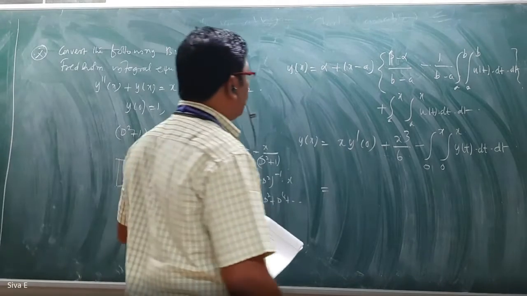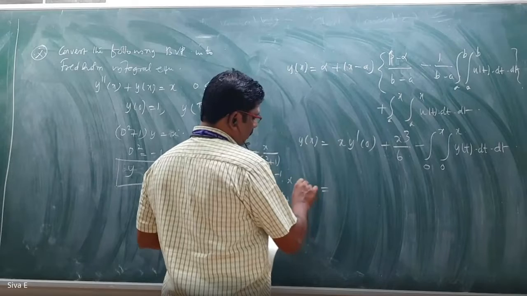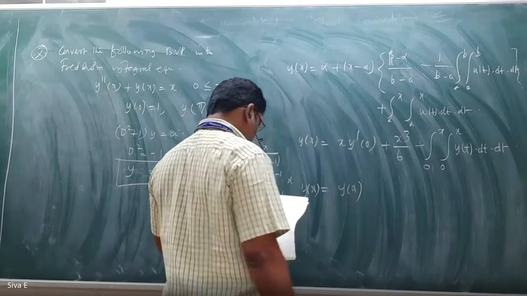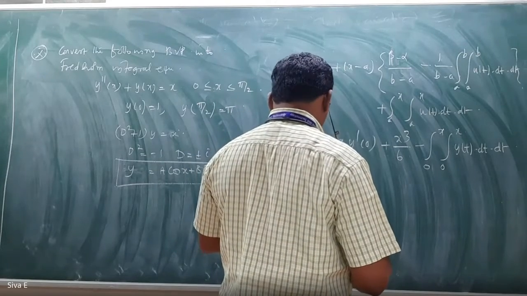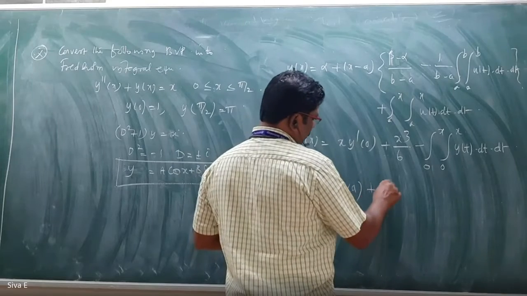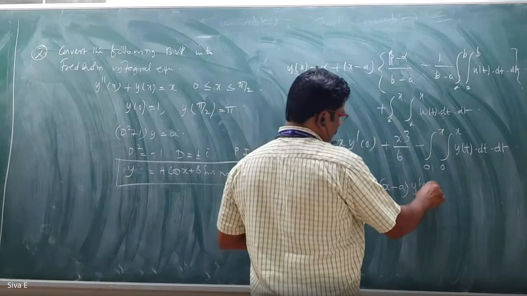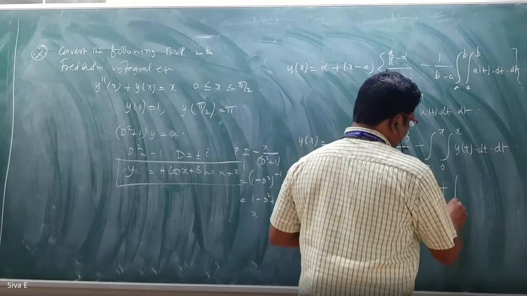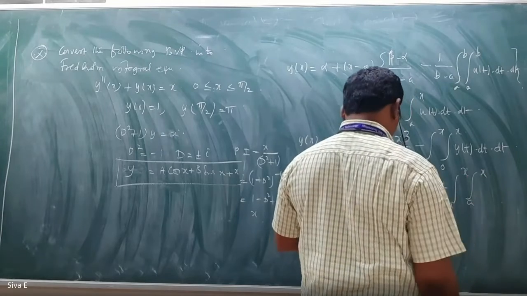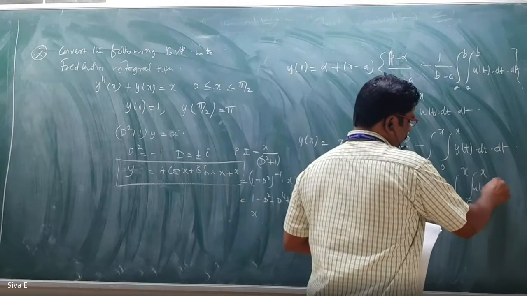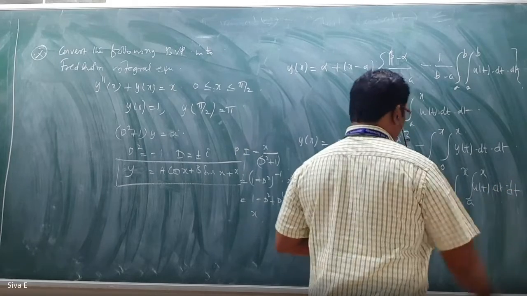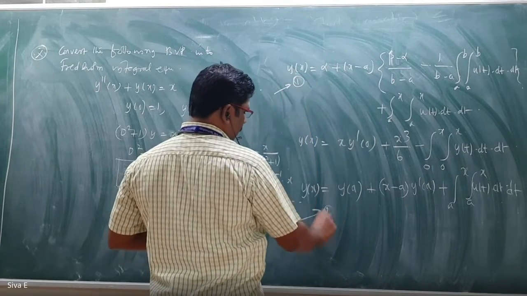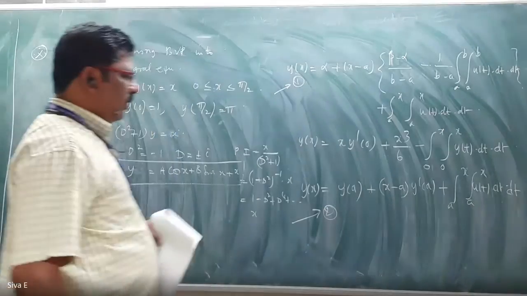What is the one more formula? y of x equal to y of a plus x minus a y dash of a plus integral over a to x, integral over a to x, u of t dt. Actually, I have given the two formulas.